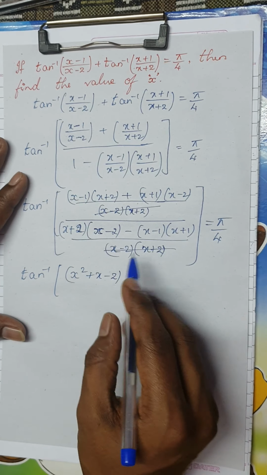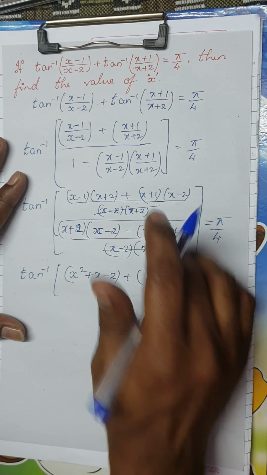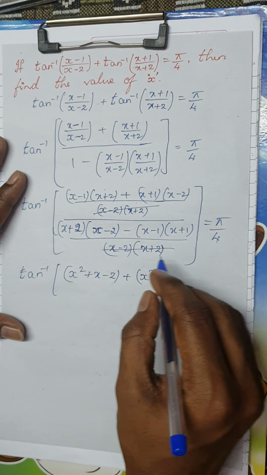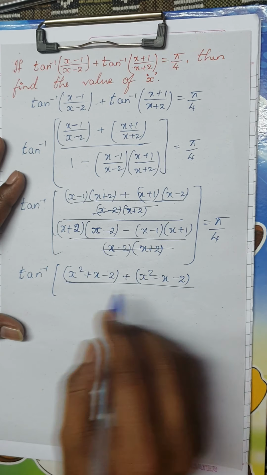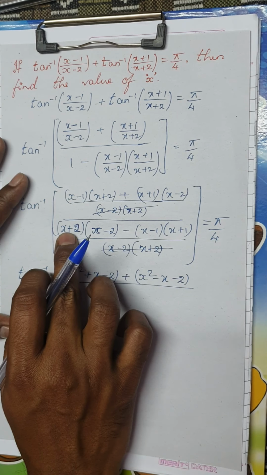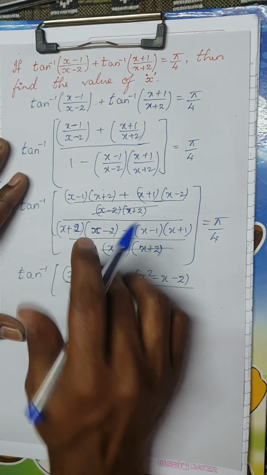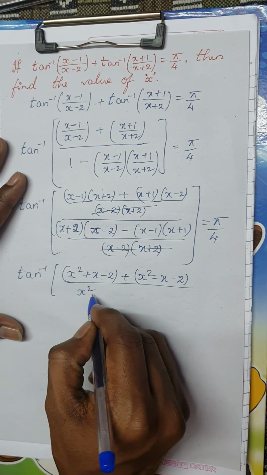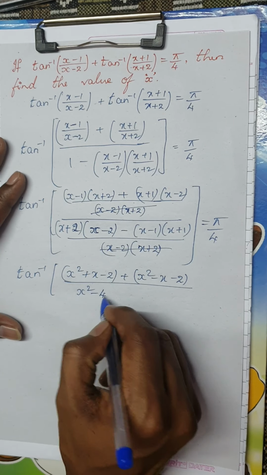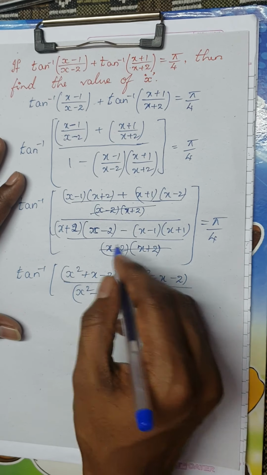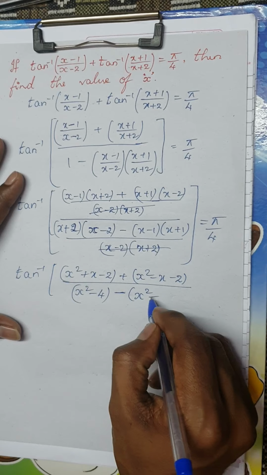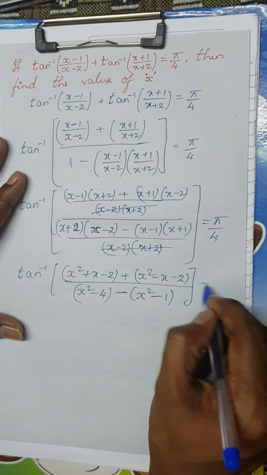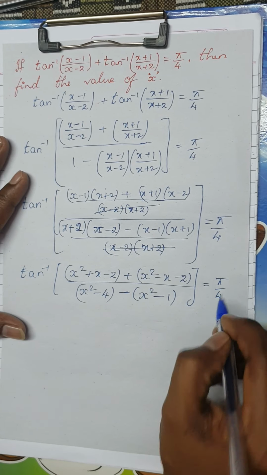This is just for your simplification, plus again if you multiply here, I'll get x square minus x minus 2, whole divided by, again this is of the form (a plus b) into (a minus b). We know it is nothing but a square minus b square. 2 square is 4, minus of, please be careful, I have minus, again (a plus b) into (a minus b) is a square minus 1 square is 1. This is nothing but pi by 4.